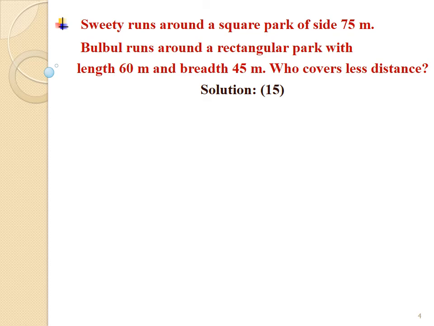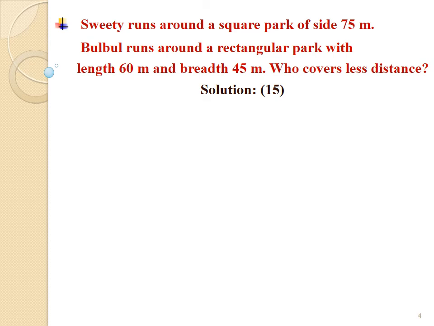Sweetie runs around a square path, so we find the perimeter of a square for Sweetie, whereas Bulbul runs around a rectangular path, so we find the perimeter of a rectangle for Bulbul.